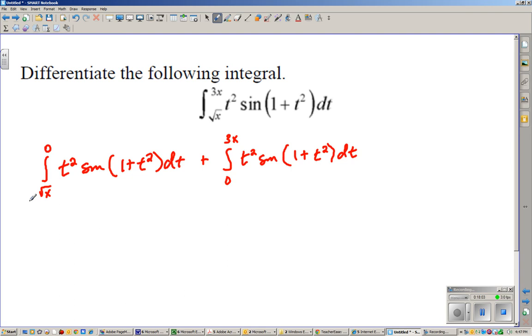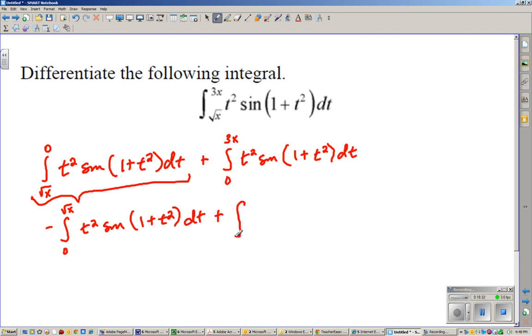Now notice that this first one isn't of form. That is to say, the constant is not in the denominator. So we can simply take this one and turn it into the opposite of 0 to radical x, t squared sine of the quantity 1 plus t squared dt, and add to it from 0 to 3x t squared sine of the quantity, I'm running out of room here, 1 plus t squared dt.